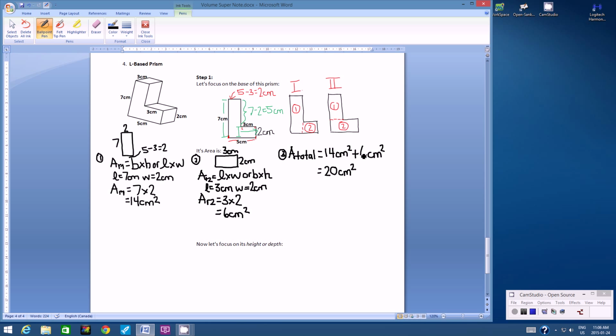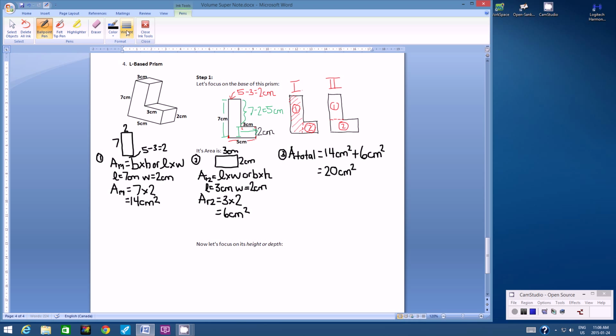Be careful not to multiply these together. Remember, whenever we're talking about total, that means sum. And whenever we're talking about sum, that means addition. Okay, so we've solved something very, very important now, and that is the area of this entire base, or L shape. This is a composite figure.